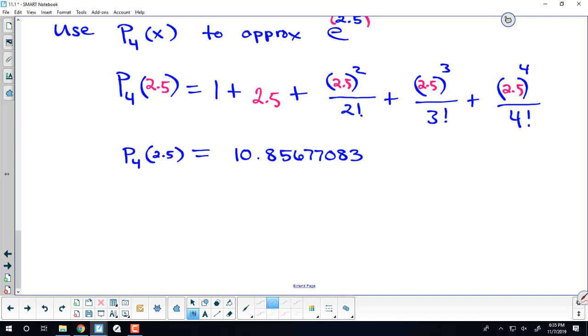But the actual value of e to the 2.5 is 12.18249.